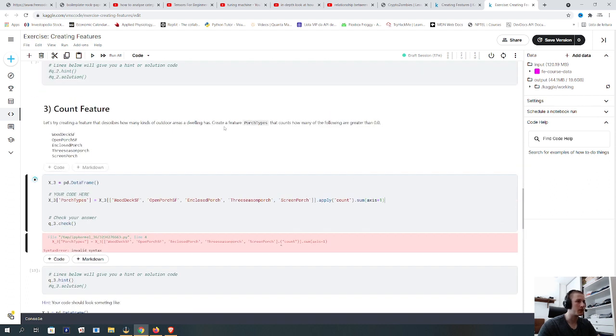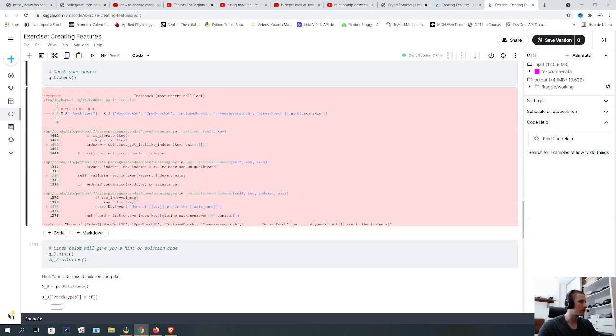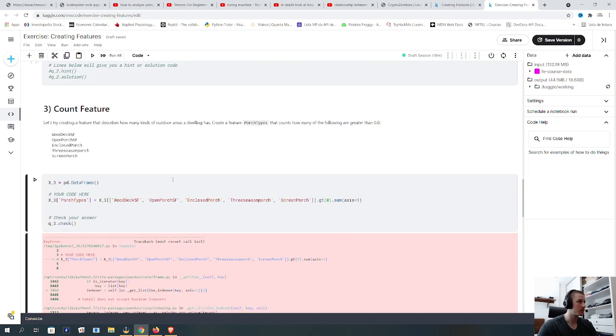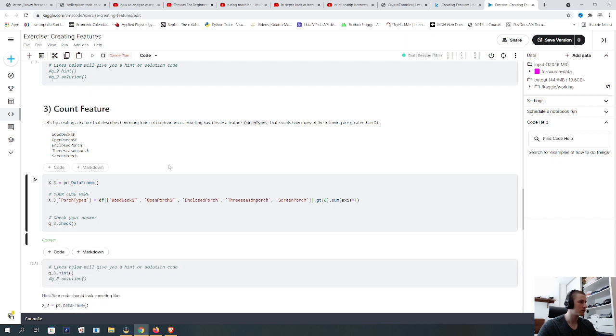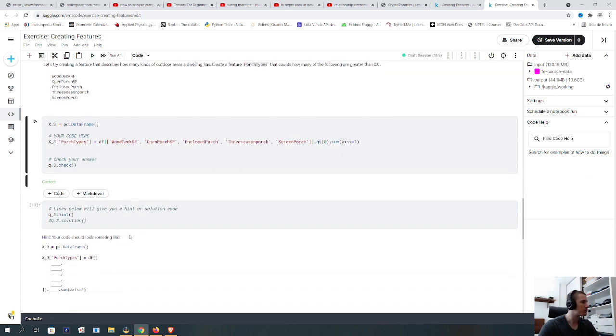Yeah, because it has to be greater than 0. No, I think it's correct. Oh, okay. So it's the F instead of the X3. Oh yeah, because X3 is a new data frame.